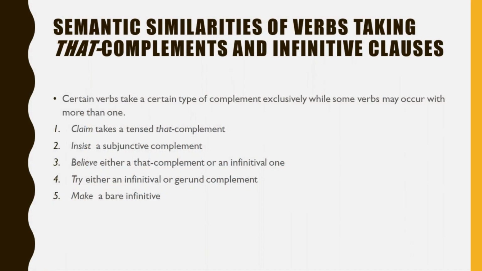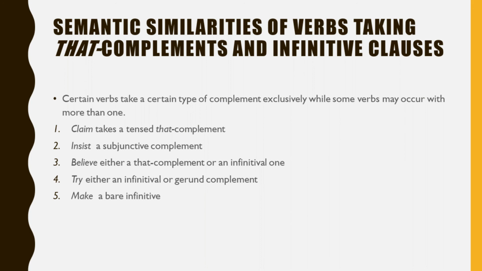The first one is the semantic similarities of verbs taking that complements and infinitive clauses. Up to now, we have said that certain verbs take a certain type of complement exclusively, while some verbs may occur with more than one.